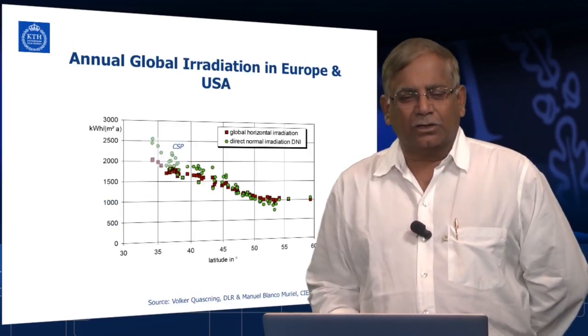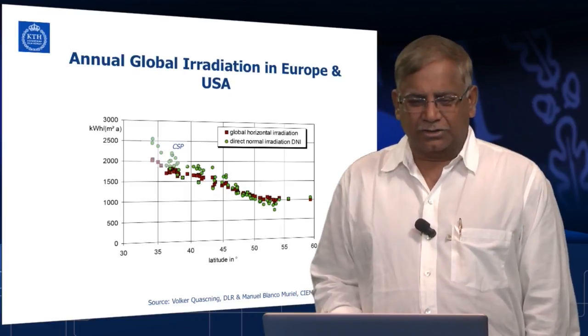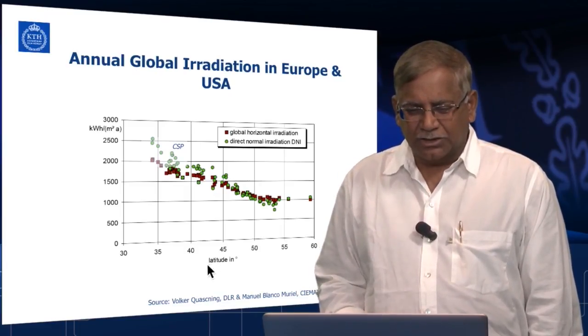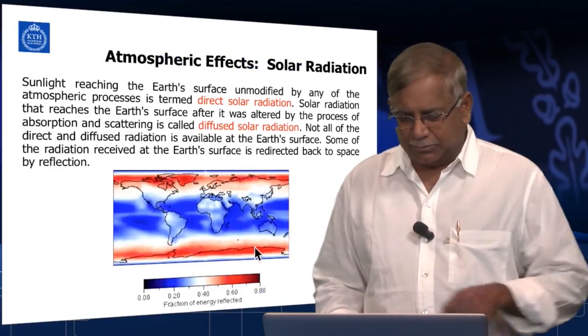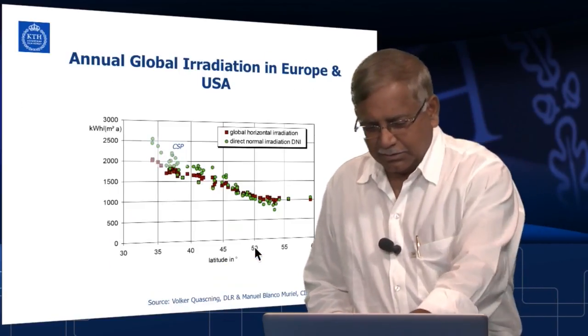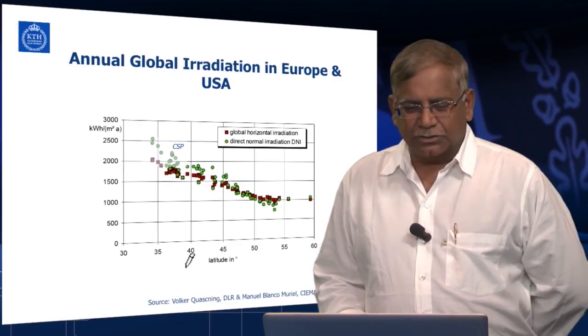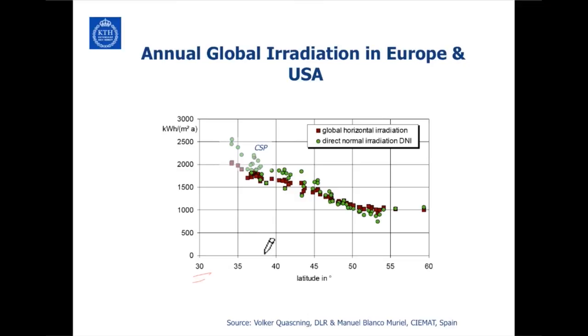If you look at the global irradiation or insolation, we talk about the latitudes in North America and Europe, covering from 30 degrees north to 60 degrees, and Stockholm is sitting right here. On the vertical axis is the insolation, in kilowatt hours per meter square per year.